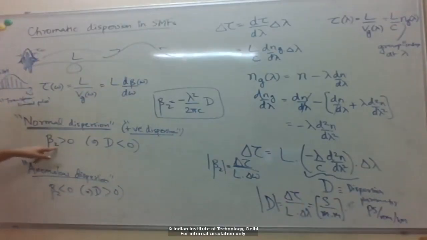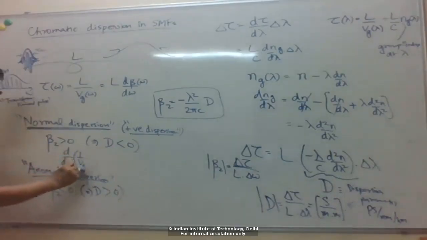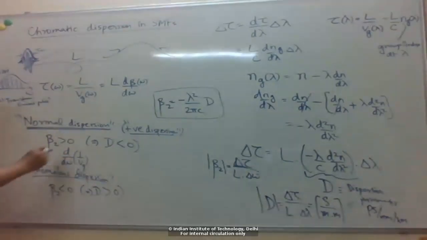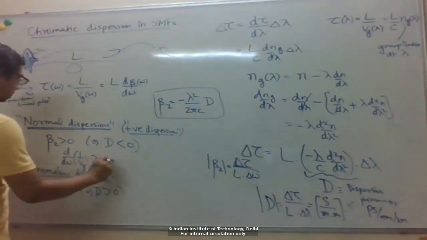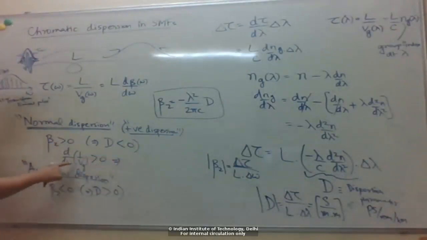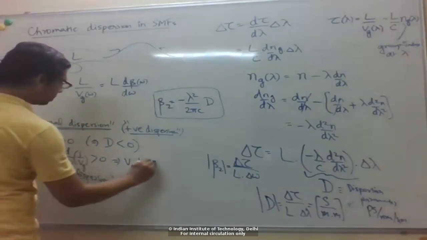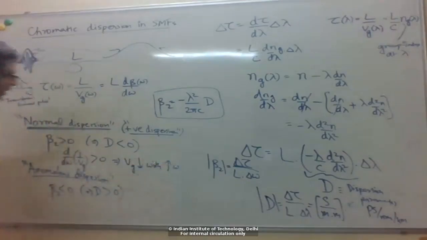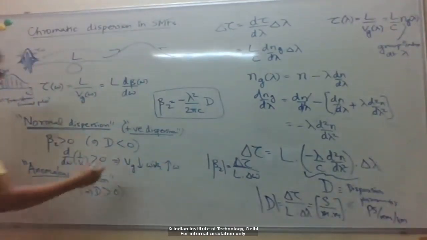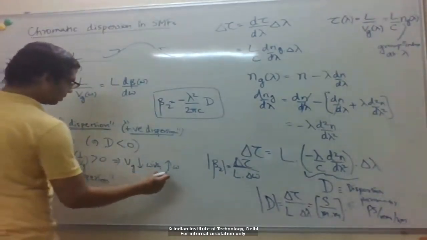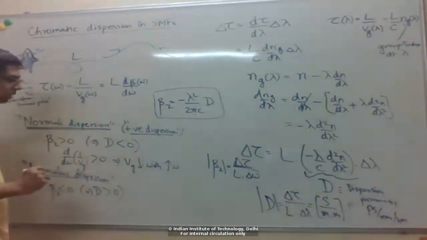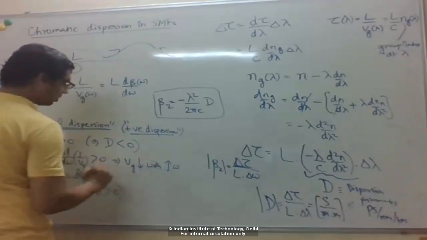So consider this case, for example: beta 2 greater than 0. Recall beta 2 was the derivative with respect to frequency of 1 over the group velocity. If this is positive, it means 1 over Vg increases with increasing frequency, which means Vg decreases with increasing frequency. Which means higher frequencies travel slower, or lower frequencies travel faster.